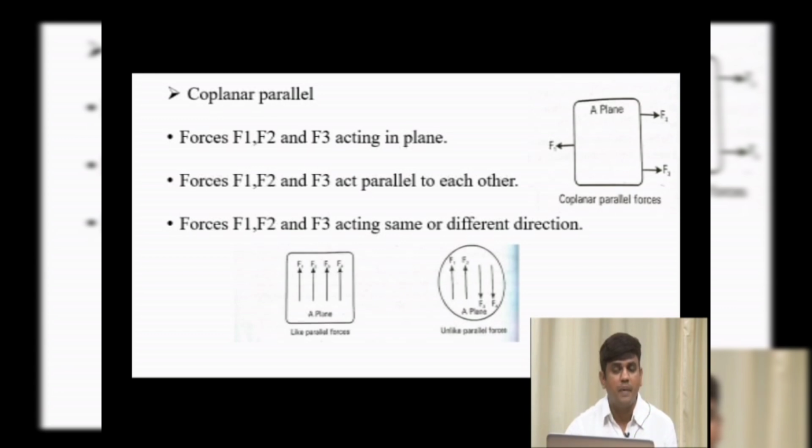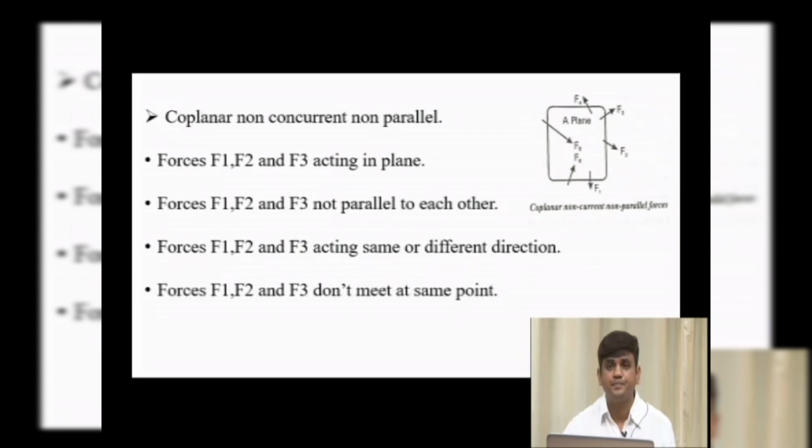All the forces are parallel to each other, acting in the same or a different direction. Coplanar parallel is subdivided into like parallel forces and unlike parallel forces. Like parallel forces have the same direction. Unlike parallel forces act in different directions, as we can observe in the diagram.